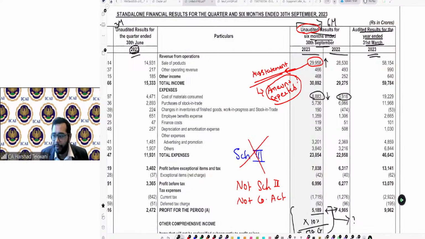On similar lines, when I identify that the cost of material consumed is not appearing as per the sale of product, and there is no price revision also, then I may go and perform additional procedures. What additional procedures I will do depends on a case to case basis. But just one example I'll tell you. I will go and analyze: is there any manual adjustment done to cost of material consumed?